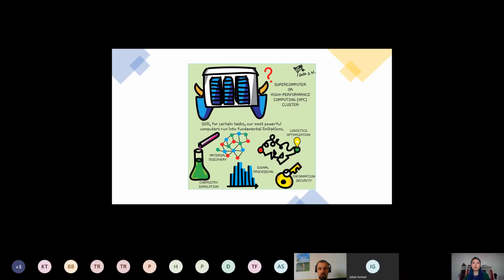But still, our most powerful supercomputers may run into limitations in the way they run algorithms. And we can get inspired from quantum mechanics to solve some of the areas that are not fundamentally quantum mechanical. So there are quite a lot of applications in quantum computing.